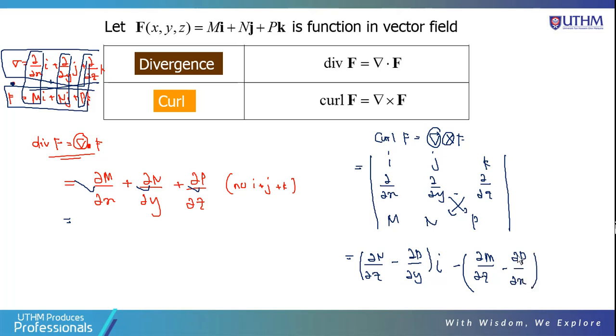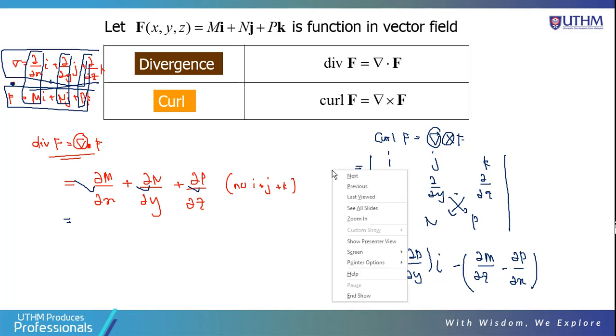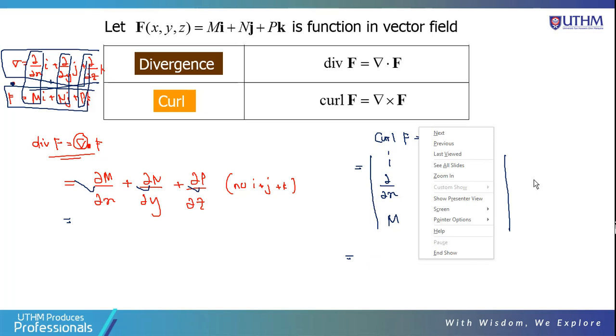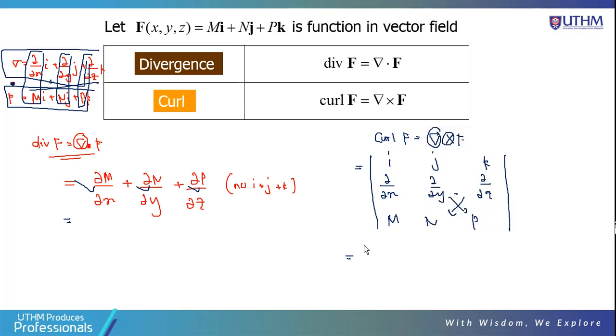Okay, so we solve for the curl of F. This curl F, let's do another time. Okay, so curl F we know is del cross F. So you make i, j, k, with this one partial x, this one partial y, this one partial z. So M is xy, N is xz, P is xyz squared. So you solve, close this one.